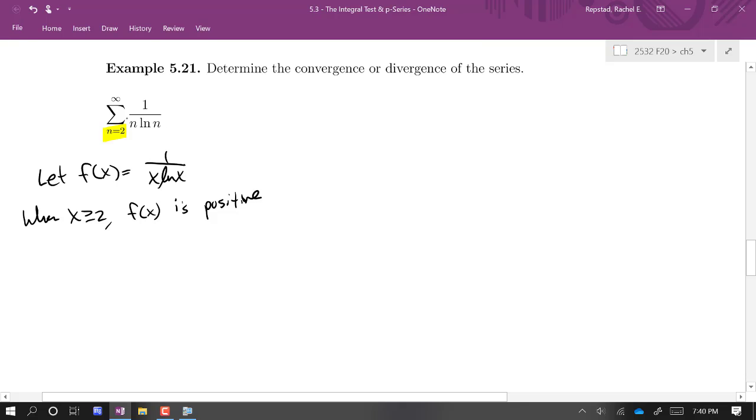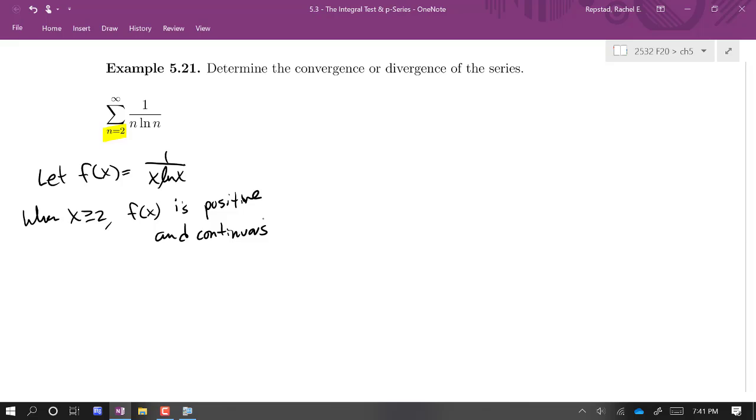And it's continuous because there's no issues with dividing by 0. Dividing by 0 would only happen if x is 0 or if x is 1, which is what makes ln x equal to 0. And we only have to look at it when x is at least as big as 2. So we know it's positive and continuous.